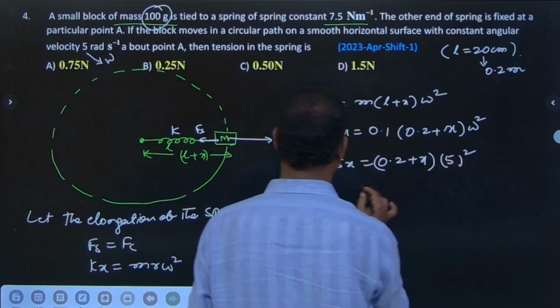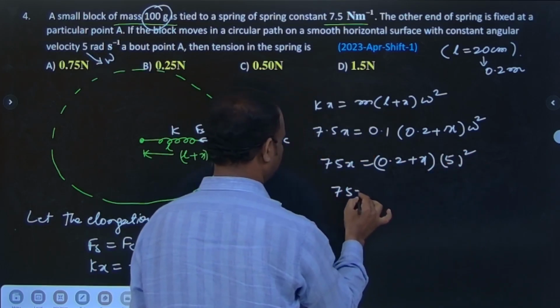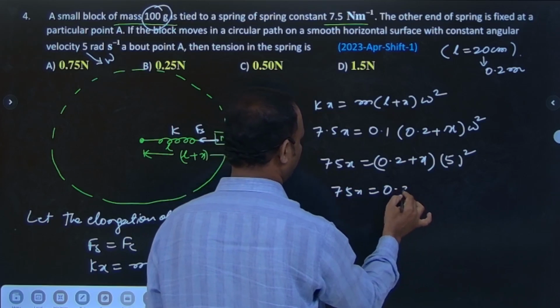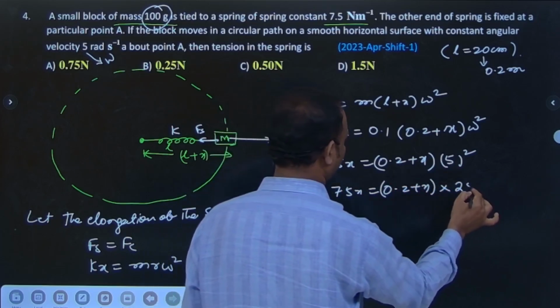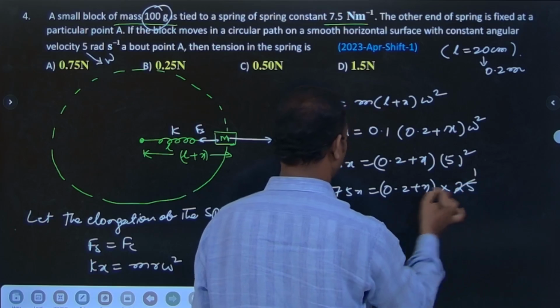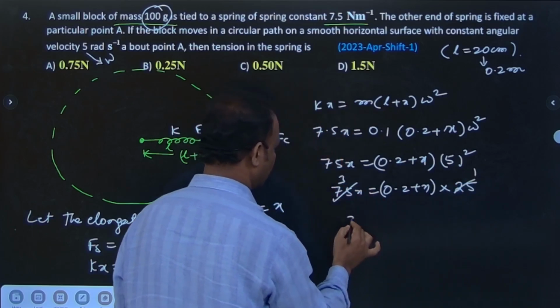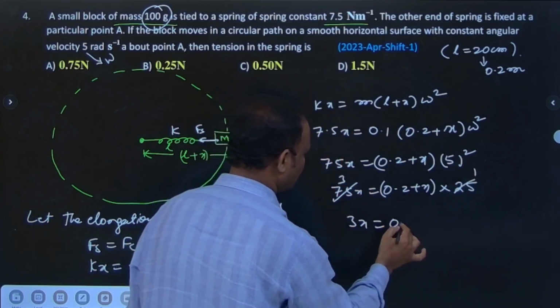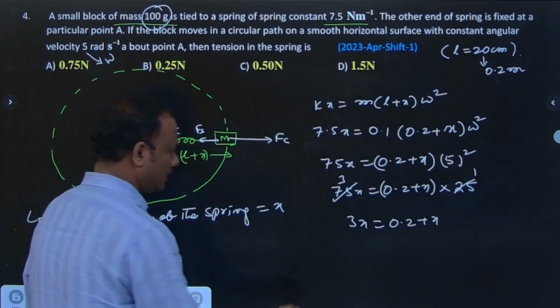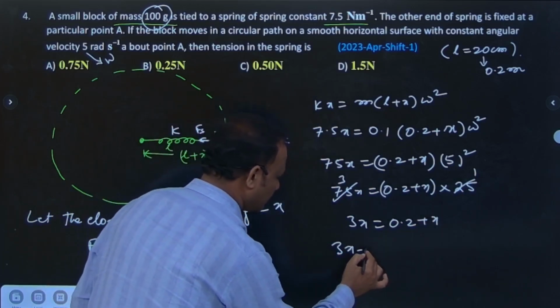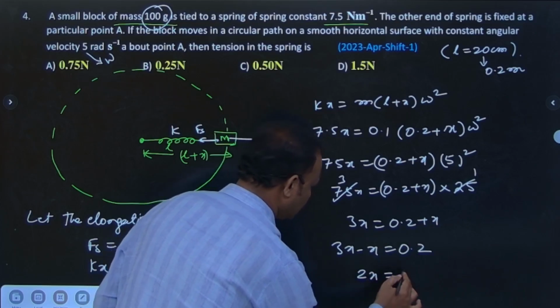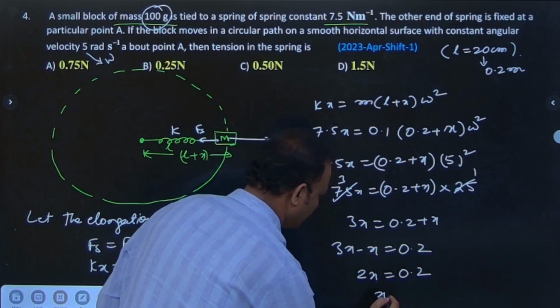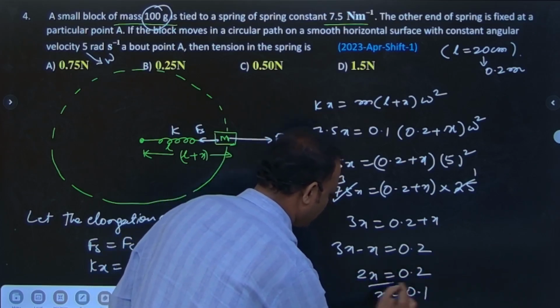So now 75x is equal to (0.2 plus x) into 5 squared, which is 25. 25 ones are 25, 25 threes are 75. So 3x is equal to 0.2 plus x. 3x minus x is equal to 0.2. 2x is equal to 0.2. x is equal to 0.1.